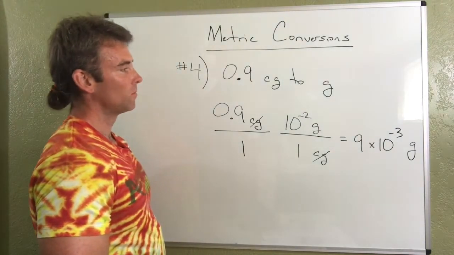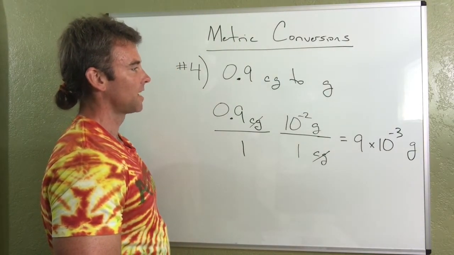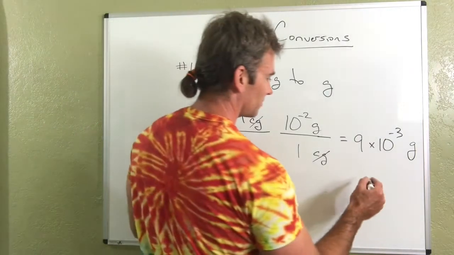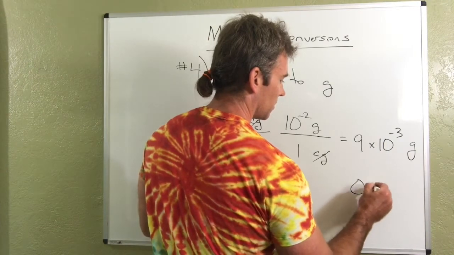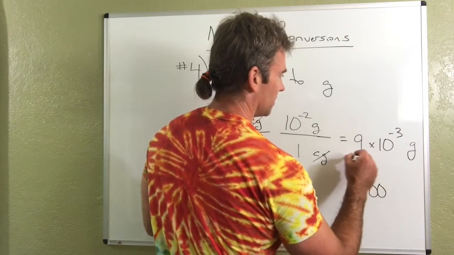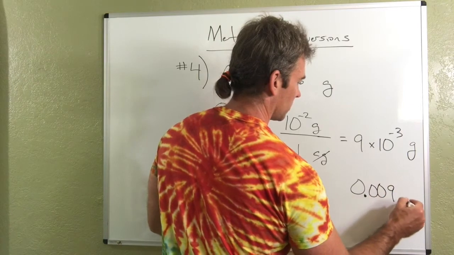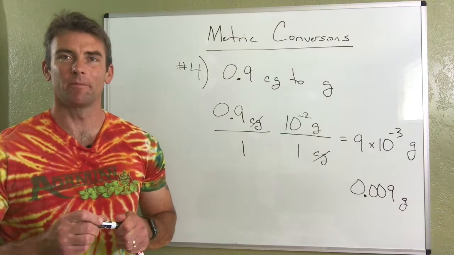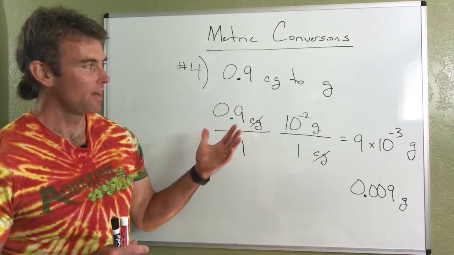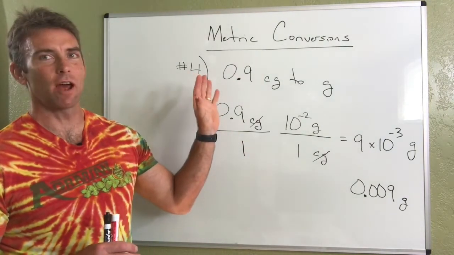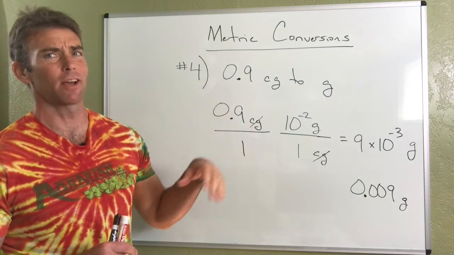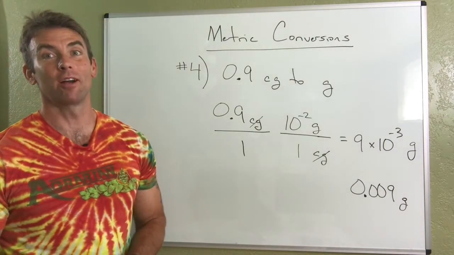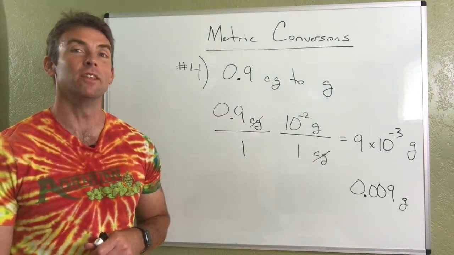So we've got 9 times 10 to the negative third, or the other way that it could be written, one, two, three. Both of these are the same exact number. Important thing is that you don't fall into the trap of being me back in the day, where it's just like, I'm just going to move a decimal point. Woohoo! It's fun! Because you will always move it in the wrong direction. But with this method, you will never do that.